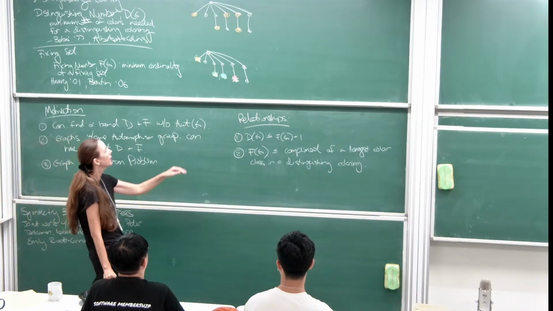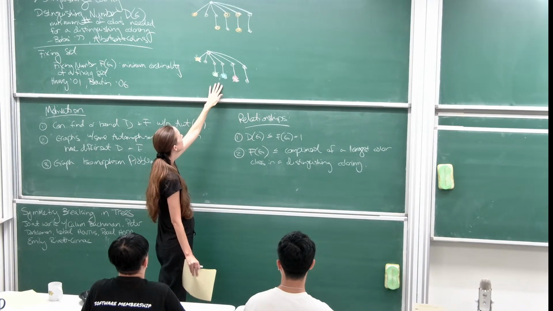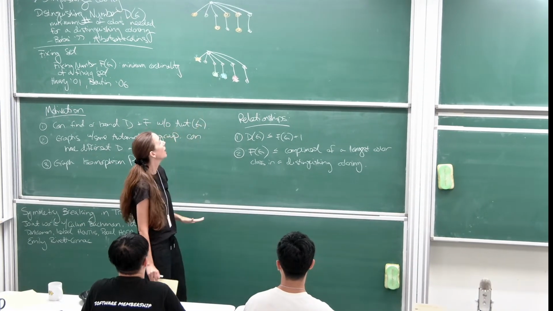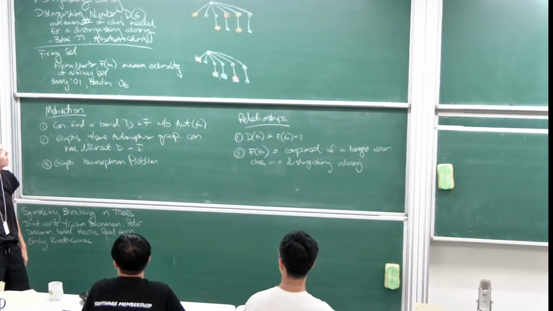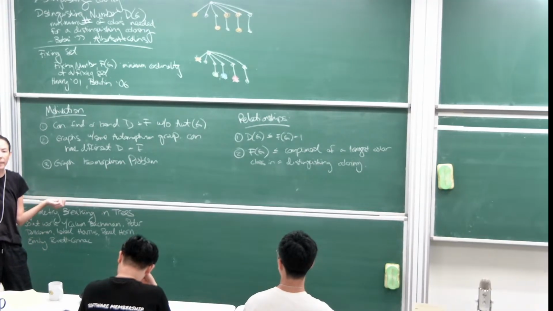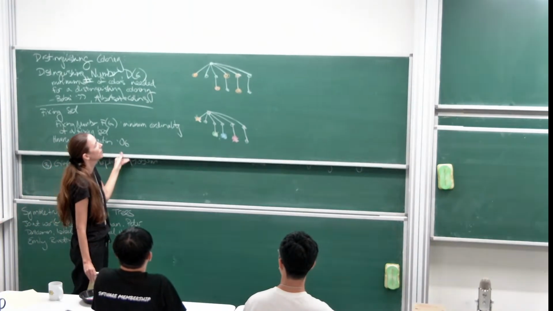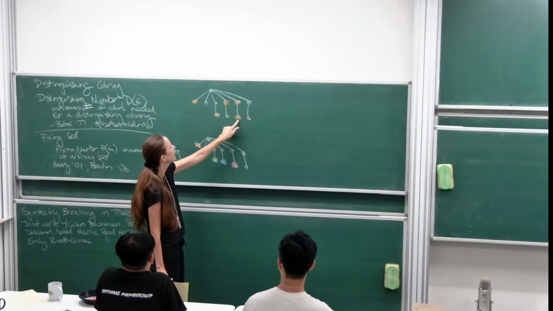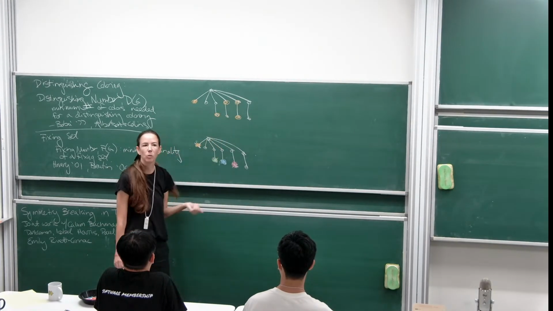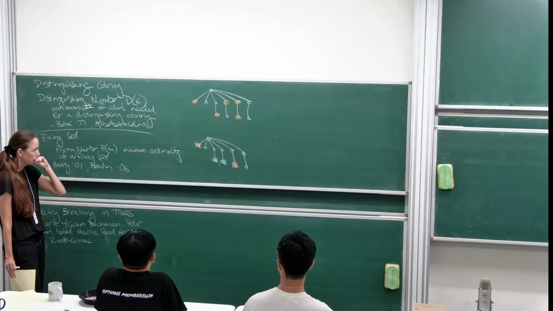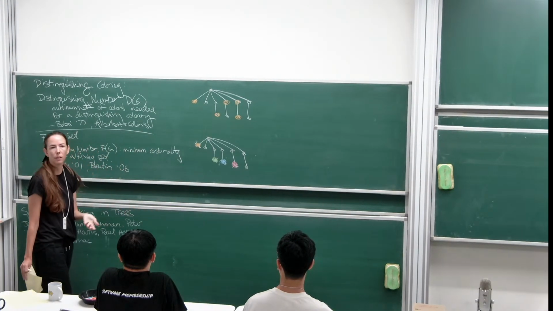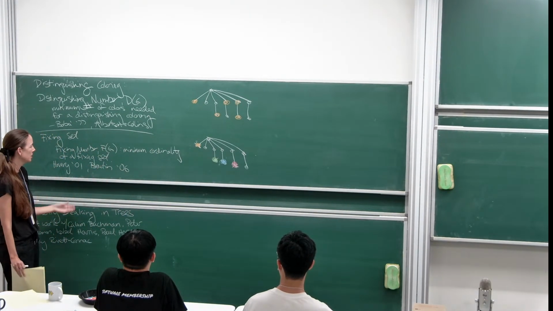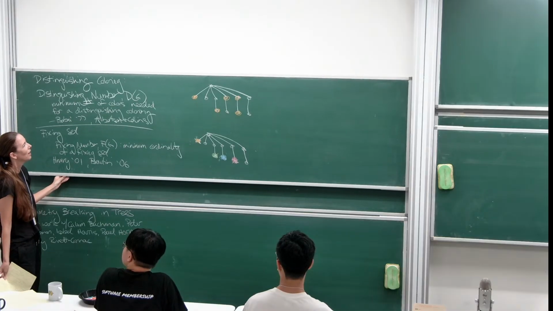So in this example, here I'm using 5 colors, but up there I was using 2. If I had just allowed 3, then what I could have done is maybe made this red. I don't need this extra orange, and now I've only changed the color for 4 vertices, but I'm using 3 instead of 5.